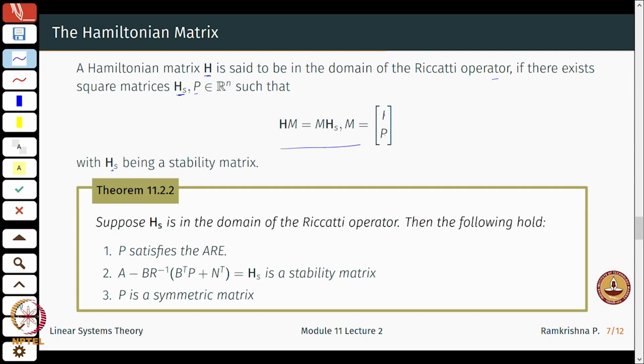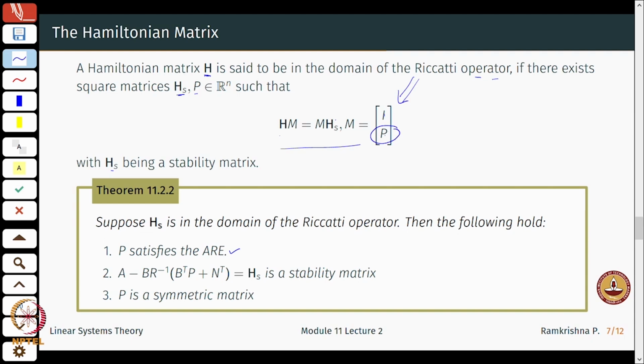Okay. So, what does it mean by this Hamiltonian matrix being in the domain of the Riccati operator? If something like this holds, where Hs is a stability matrix, then P satisfies the algebraic Riccati equation, right, and we will slowly see how to derive this P also.